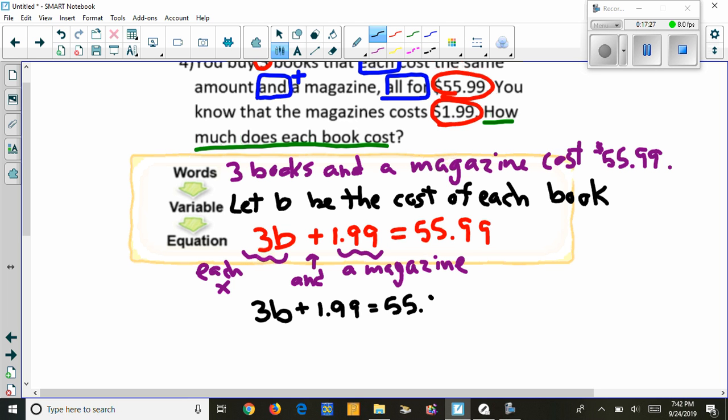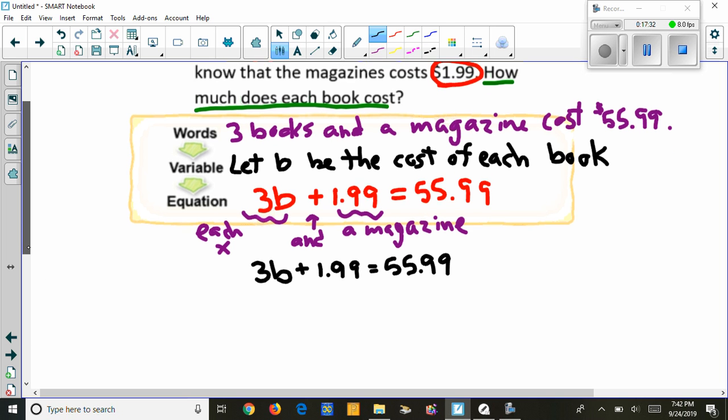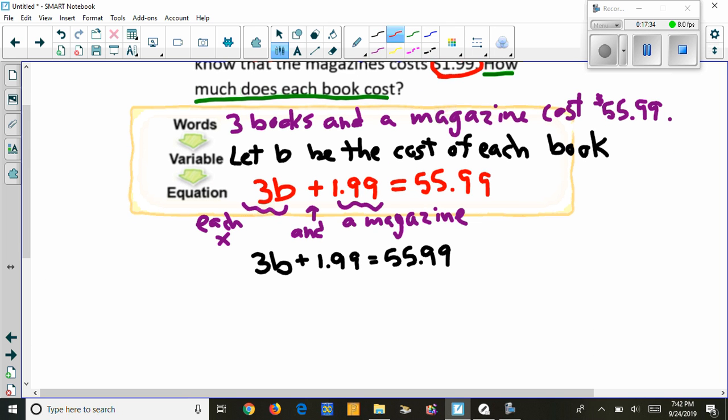Using our equation skills from the last few days, here we go. Step 1. This helps some people. I'm going to split the problem into 2 parts, the left and the right. Since I want to get the B all by itself, I'm going to go ahead and start with adding or subtracting away that $1.99 from the B. So I'm going to subtract $1.99 from each side. Notice that I line it up.